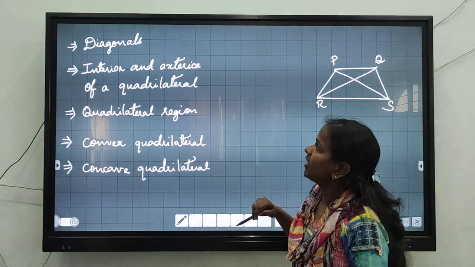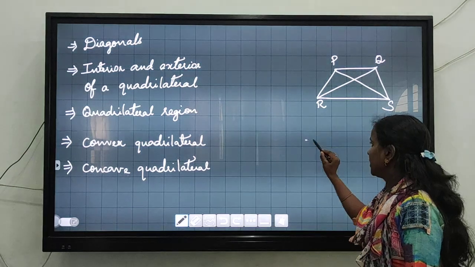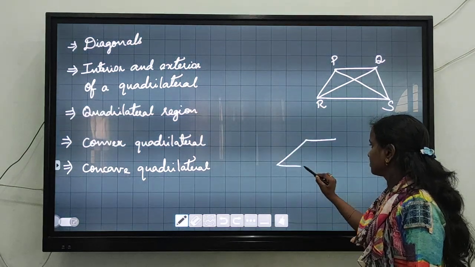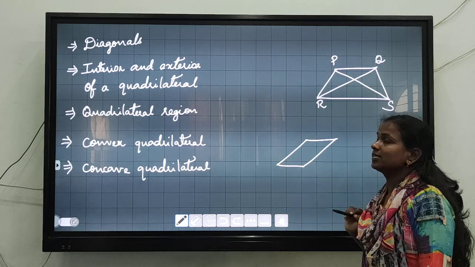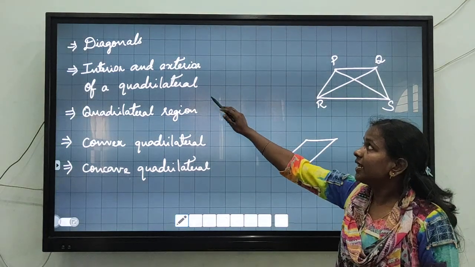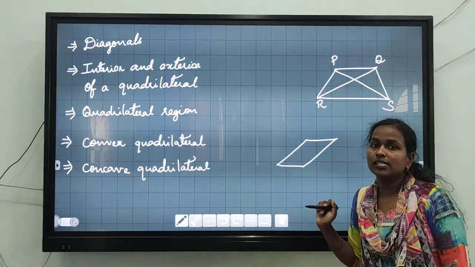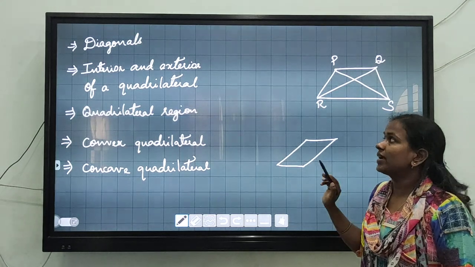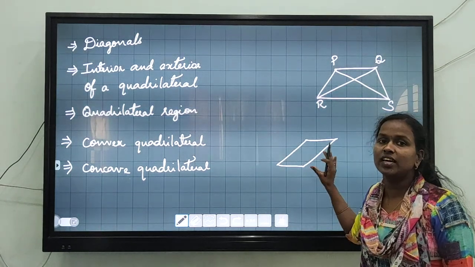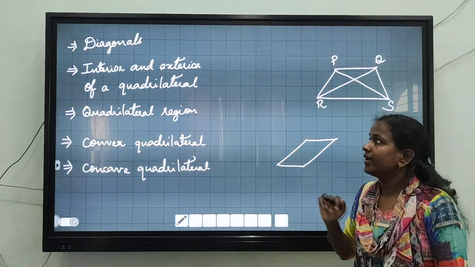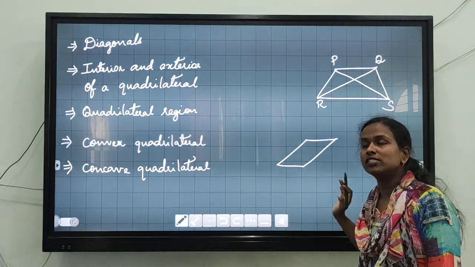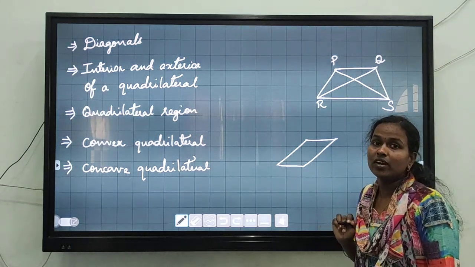Next one, interior and exterior of a quadrilateral. Interior means the points which are coming inside the figure, inside the polygon. Exterior means the points coming outside, the exterior of a quadrilateral.